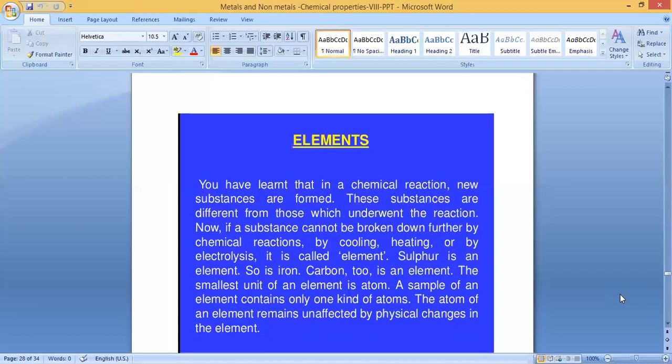The smallest unit of an element is the atom. The sample of an element contains only one kind of atoms. The atoms of an element remain unaffected by physical changes in the element.